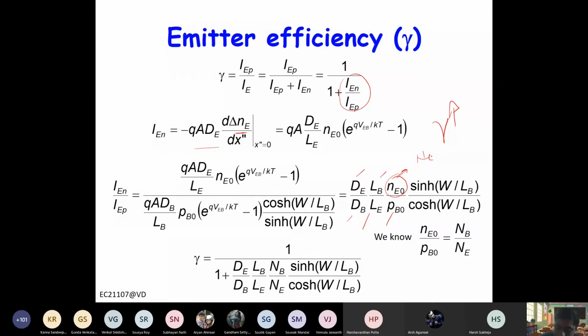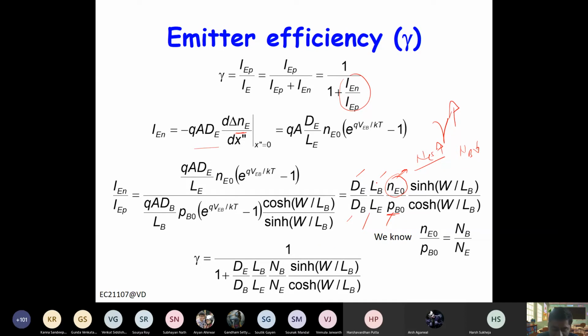So that means the acceptor doping in the emitter should be higher, and PB naught should be less. That means your doping in the base should be lower. And diffusion length, not much control. Diffusion coefficient, not much control. But this LB will be higher if D times tau is more, right? So if you have less doping, this diffusion length will be higher in the base. If you have high doping, diffusion length in the emitter will be less. So this will also add up.